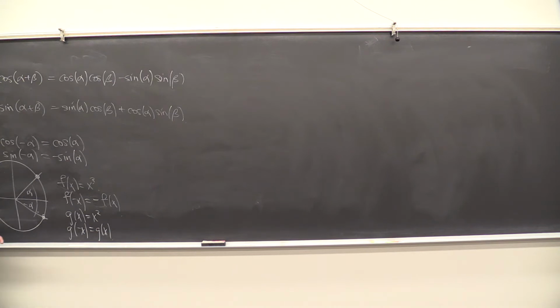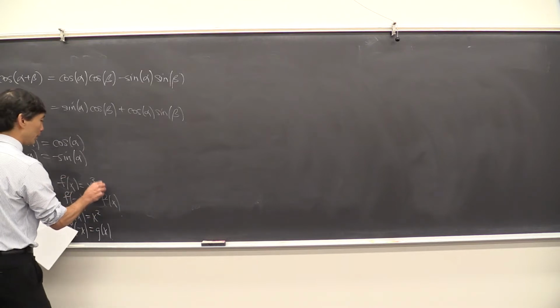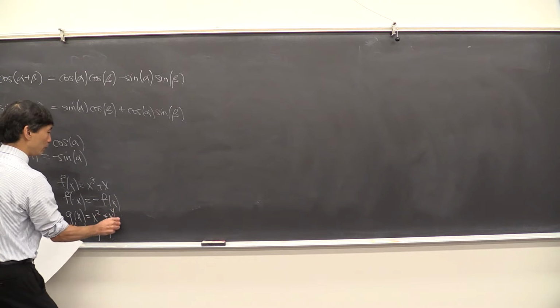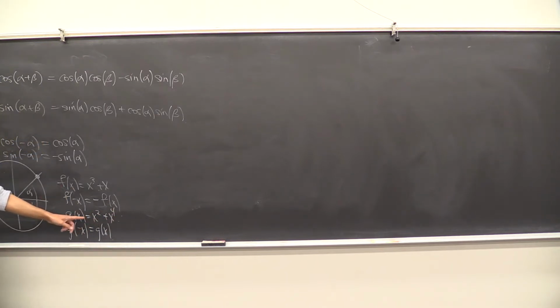We had these categories, and they had something to do with the powers of the polynomials. If it has only odd powers, then it's going to be an odd function. If it has only even powers, it's going to be an even function.